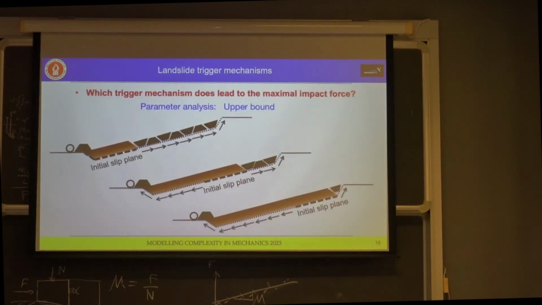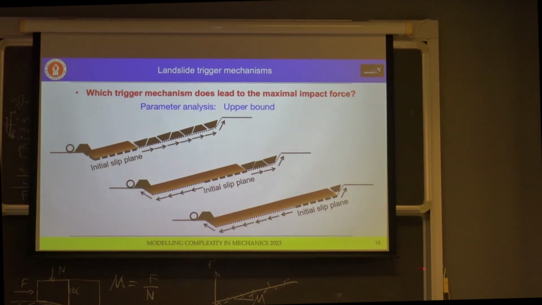Okay, so now the question is, let's assume that we don't know about the properties so much. So we can make some soil and check what is the mass of it, just some strengths, but we don't know exactly where this initial slip plane may appear. It may appear somewhere in the bottom or somewhere in the middle of the landslide.